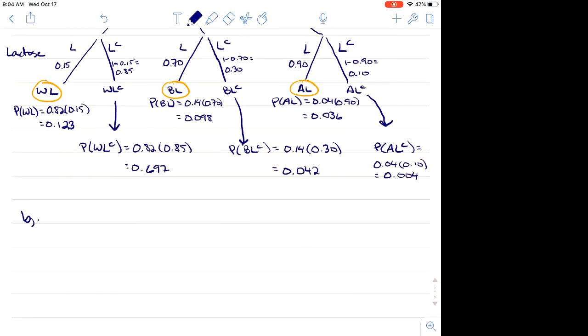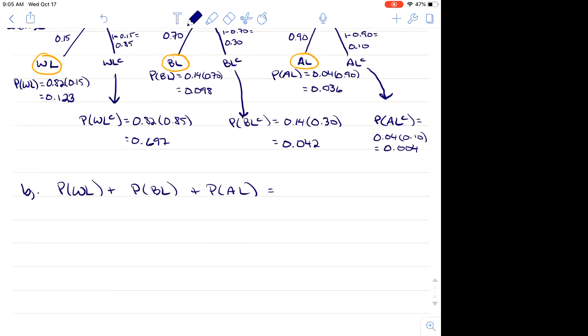So to answer the question then, you could just say that the probability of WL plus the probability of BL plus the probability of AL is, and we've done the work, so now we can just say it is 0.123 plus 0.098 plus 0.036, which is 0.257.